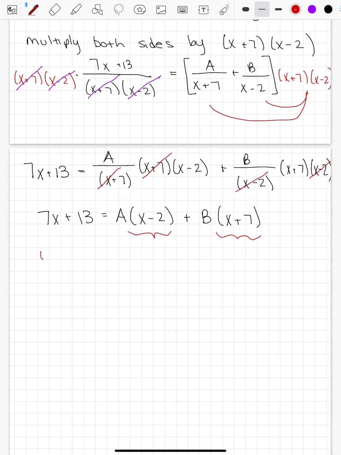So, we need to find capital A and capital B, right?